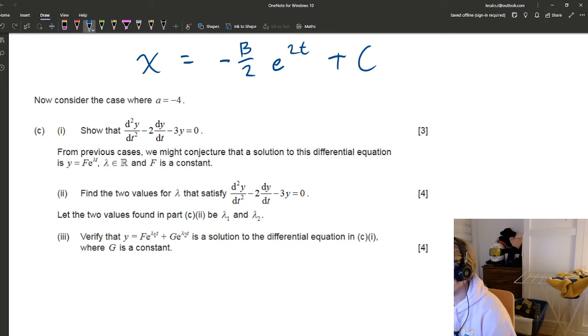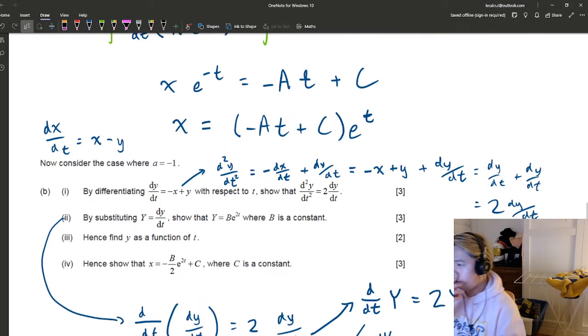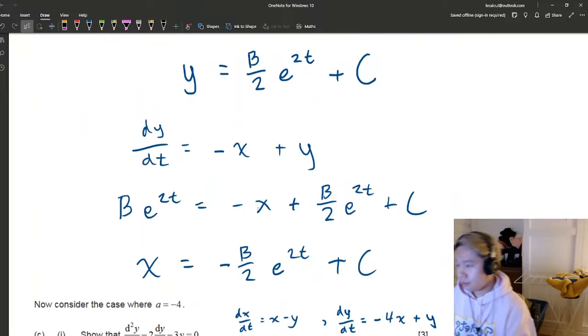So if the case is 4, then we have, again, dx dt, which is x minus y, and then our new second linear differential equation is negative 4x plus y, I think. Yeah, okay.